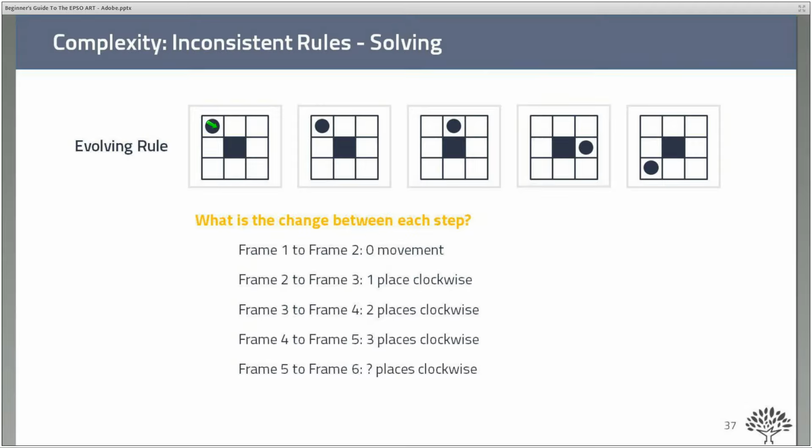So say in the first frame, this circle might actually be in this frame here. So it moves 1 anti-clockwise, then 0, then 1 clockwise, then 2 clockwise, etc. So what you've got there is essentially a sequence of -1, 0, 1, 2, 3.